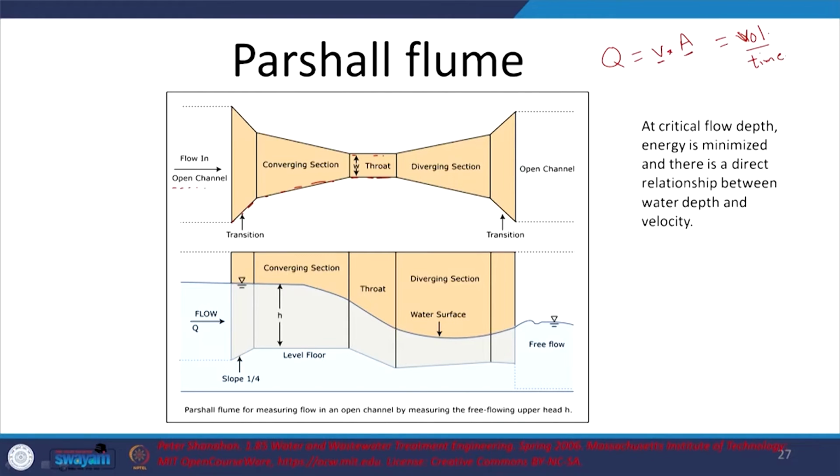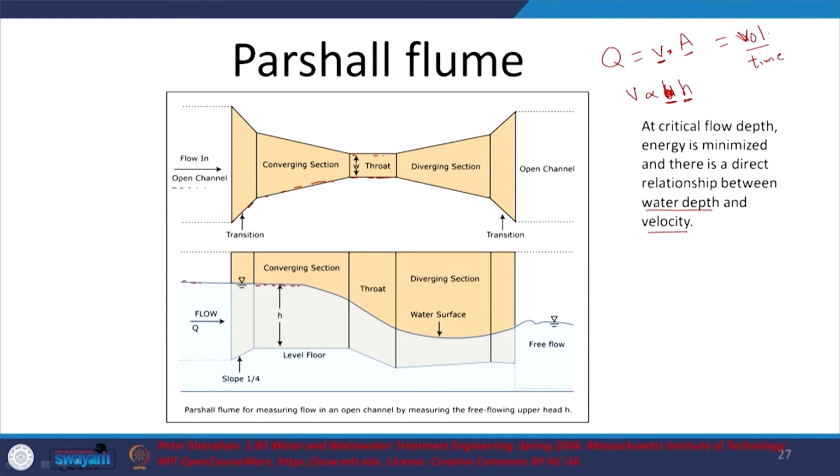So, at subcritical flow, the velocity is not really proportional to the height of your particular flow. But at critical flow depth, the energy is minimized and there is a direct relationship between the depth of the water and velocity. That is why I want to construct this Parshall flume, so that I can achieve critical flow or supercritical conditions out here.